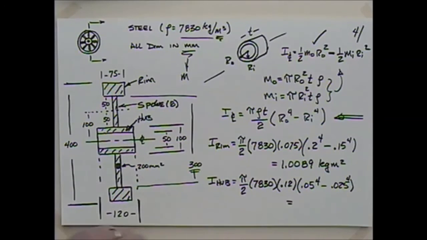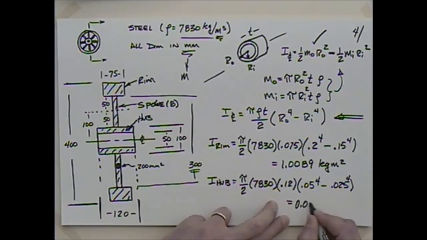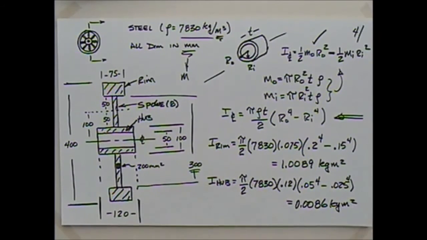Anyone get 0.0086? Yeah. Kilograms per meter squared. We got the same units. So our methodology holds true.